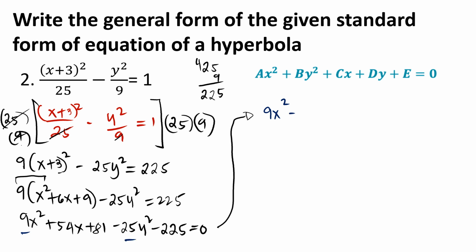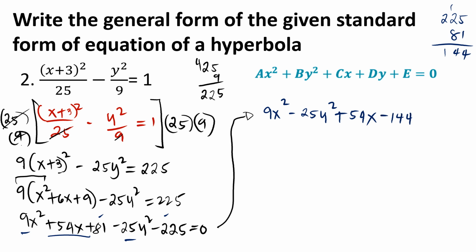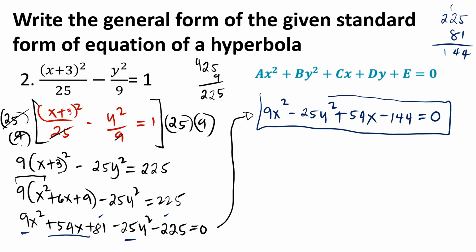So we have the negative 25y squared followed by the linear term in x, so that is 54x, and then followed by, there's no linear term in y, but we have the 225 minus 81, we have 144 as our constant. So therefore, this is already our general form to the given standard form.